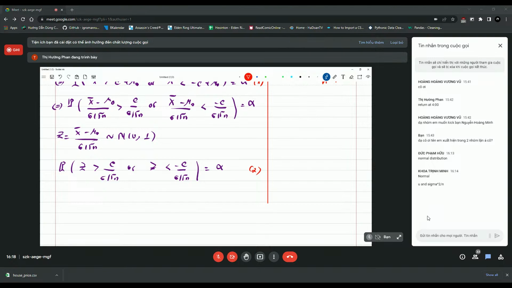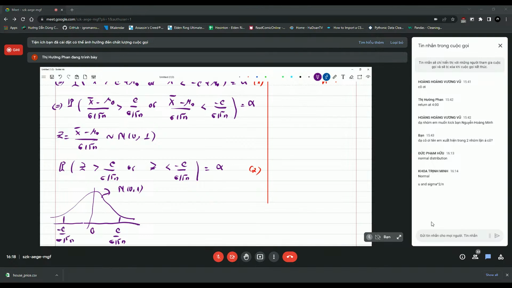Basing on the fact that Z follows the standard normal distribution, the density function is symmetric around 0. So here, I have the constant c over sigma square root of n. Oppositely, I have the constant minus c over sigma square root of n.